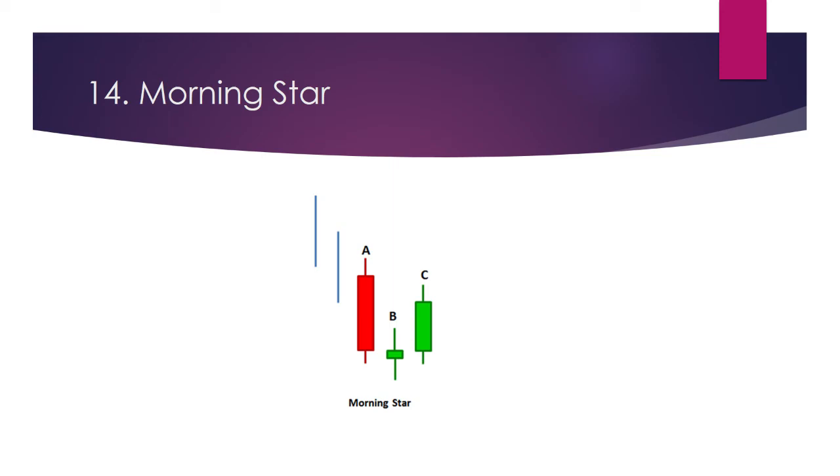If candle C closed between the midpoint and open price of candle A, it opened at the same right there. The candle next to candle C must be bullish and close above candle A's open. All right.